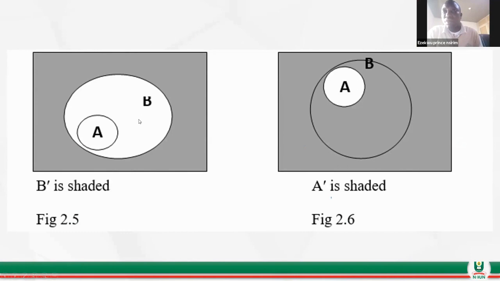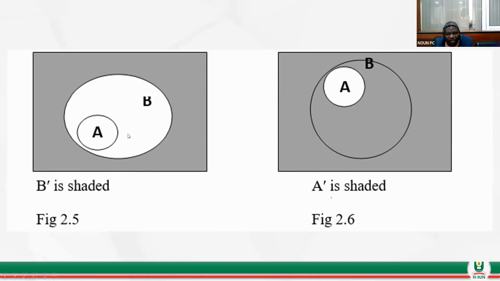A is contained in B, and we are talking of B complement. Everything outside B is referred to as B complement. Those are the shaded portion. Can you see it clearly? Yes, sir. The shaded portion is the B complement, those things outside of B.